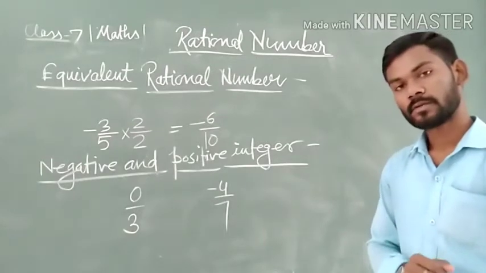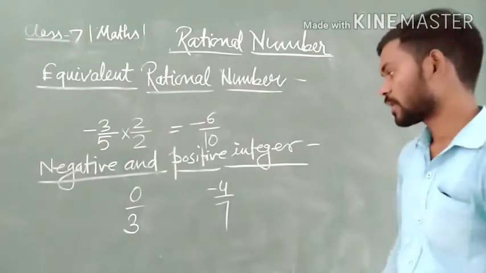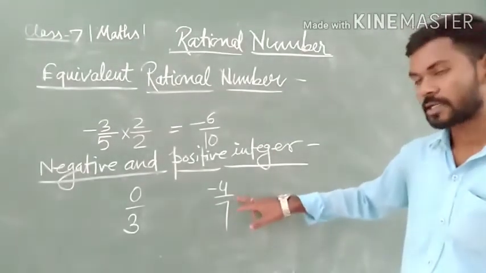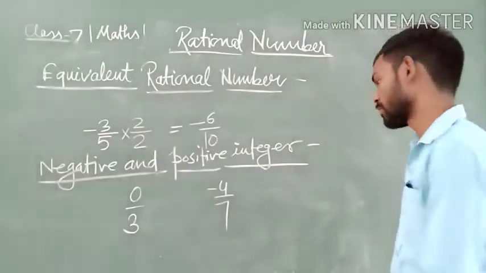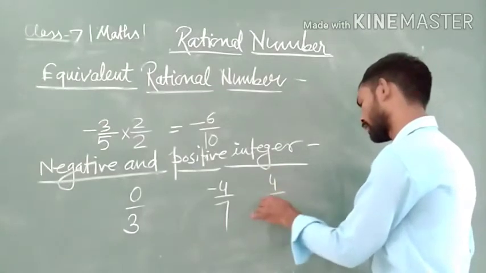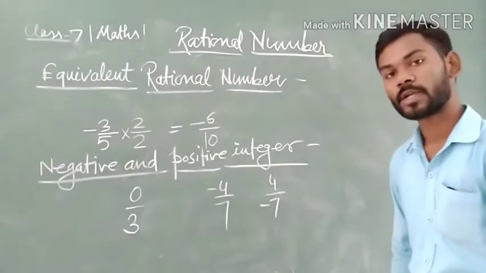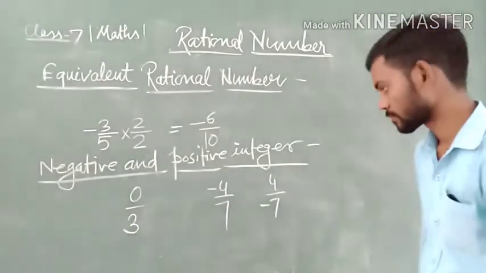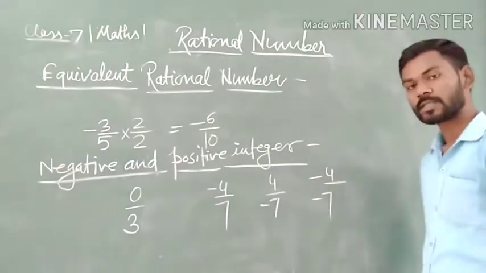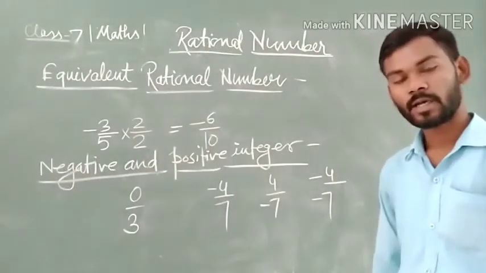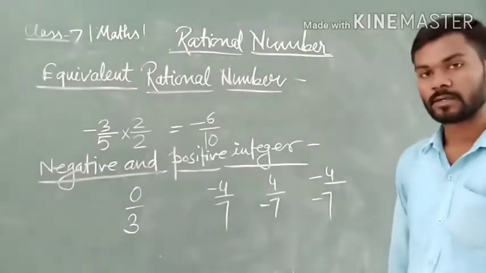A negative rational number may be of various types. This is a negative rational number having the numerator with a minus sign. Sometimes we also have it like this: a negative rational number having the denominator with a minus sign. Sometimes we also get it like this: having both numerator and denominator with minus signs.